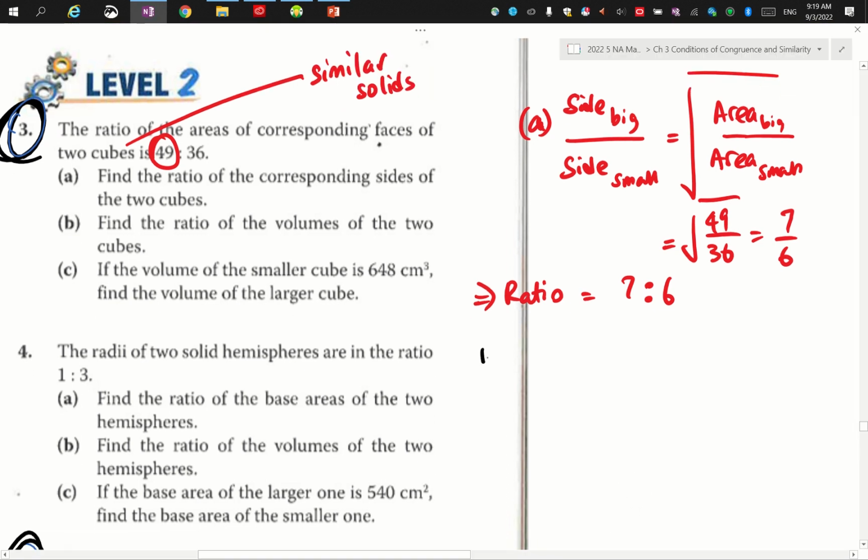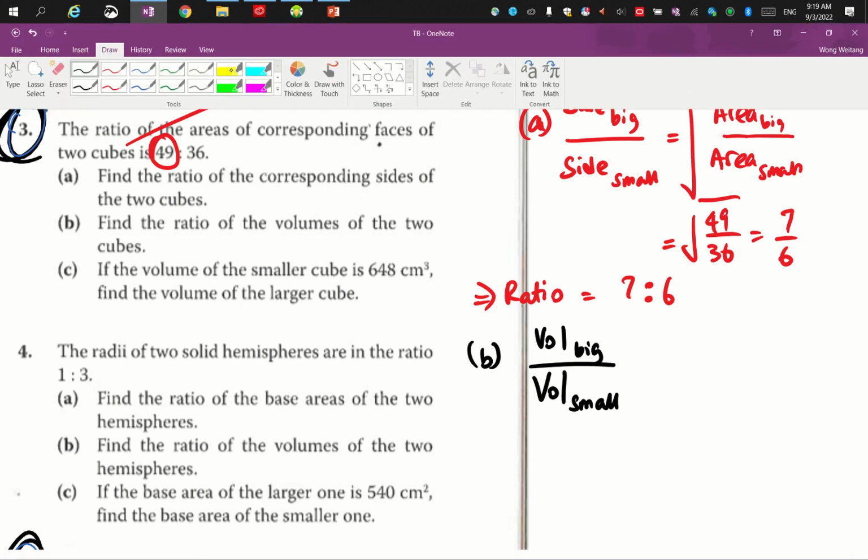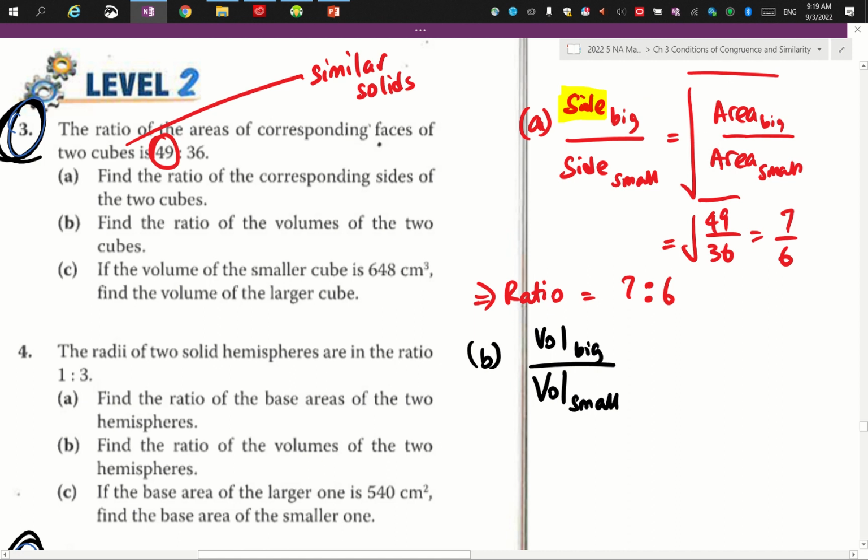Moving on to part B, ratio of the volume. So volume big over volume small. Notice how I write my short form. Give it a name, whether I'm doing the side, whether I'm doing area, whether I'm doing volume. These are big, I write them in a bigger size.